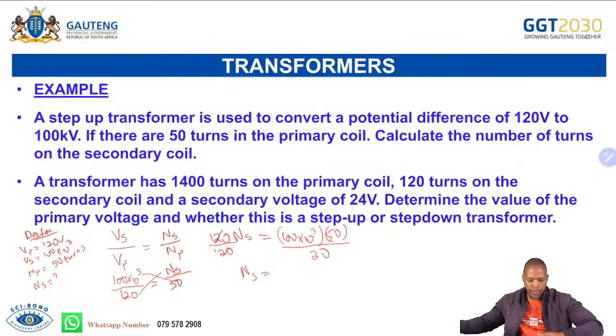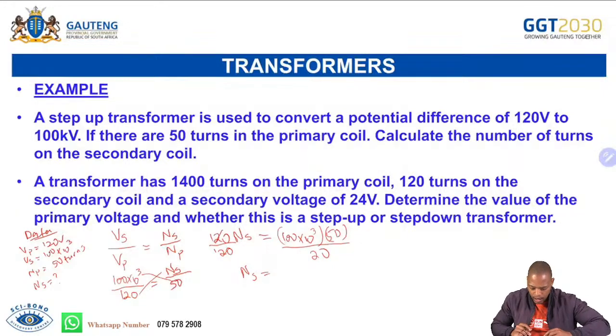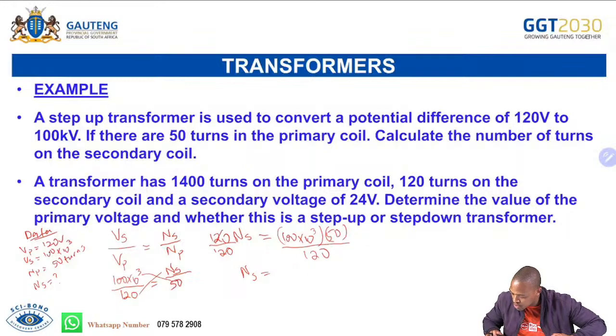Then from there, I take my calculator, I calculate, right? I need 100 times 10 to the power of 3, multiply that by 50, close the bracket, all over 120, not the 20 that I have written down there. Almost made a huge error there.